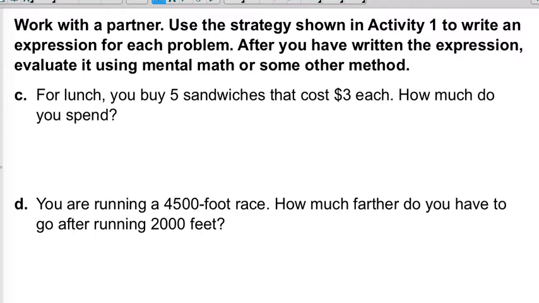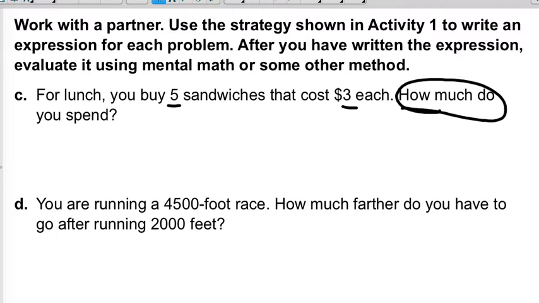Okay, have you got C done? Yep. Somebody tell me what to do with C. Who have I not heard from today? Emmy, what do I underline? 5 and 3, and how much? We're looking for how much. You buy 5 sandwiches. They cost $3 each. What's my expression then?